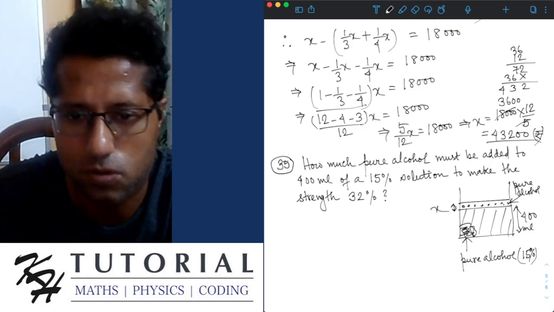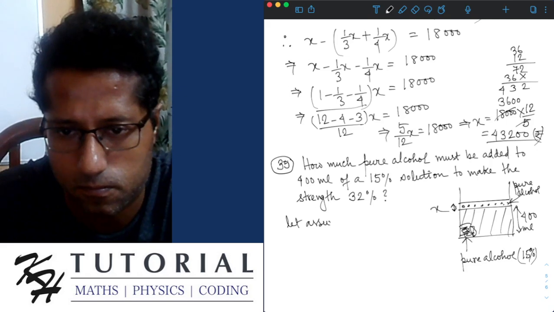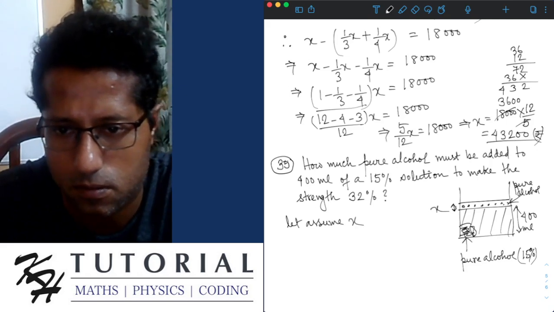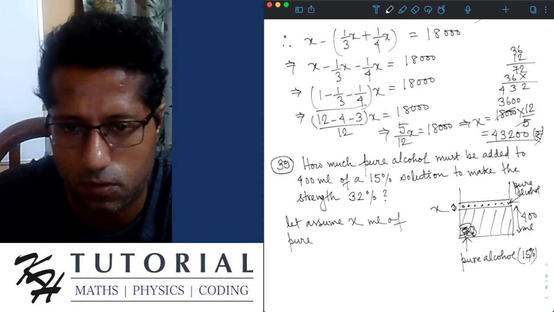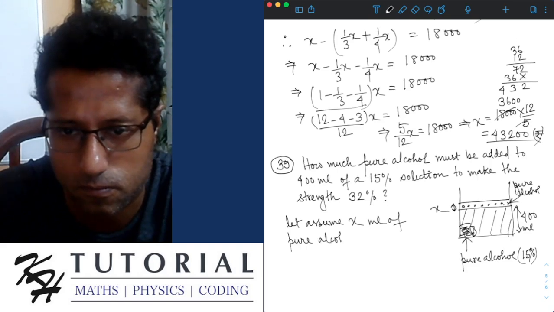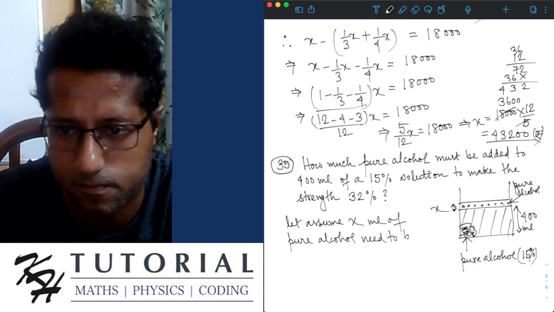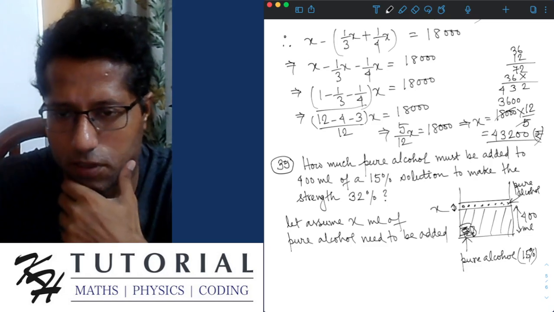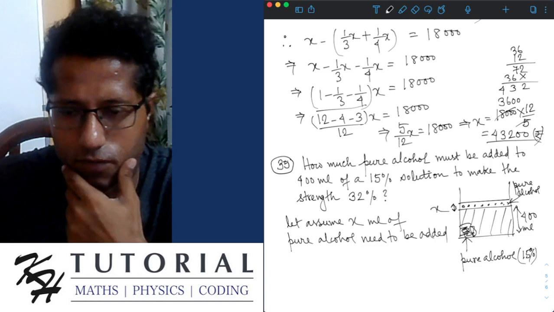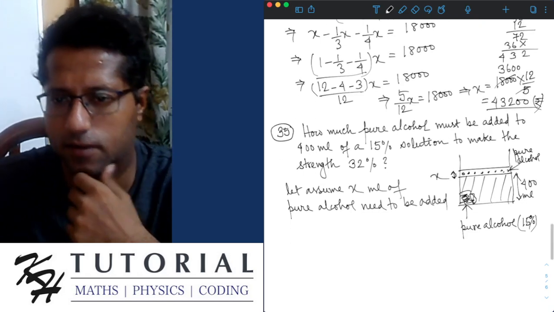So let's assume x ml of pure alcohol needs to be added. Whatever it is asking, I am assuming that x ml of pure alcohol needs to be added to the 400 ml of 15% solution.